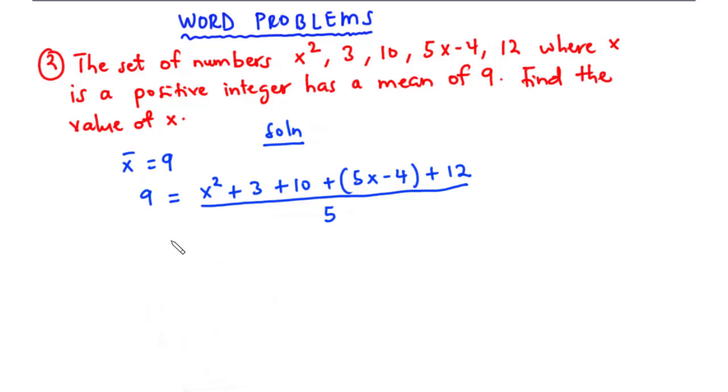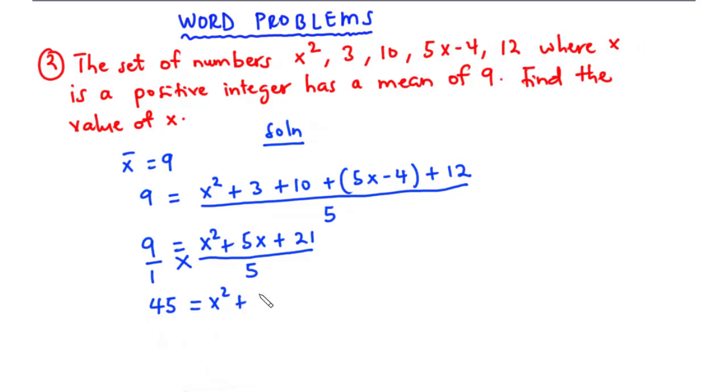Now let's simplify. So we have 9 equals 3 plus 10 is 13, 13 plus 12 is 25, and then plus negative 4 is 21. So we have (x squared + 5x + 21) divided by 5. Now let's cross multiply. So 5 times 9 is 45 equals x squared plus 5x plus 21.